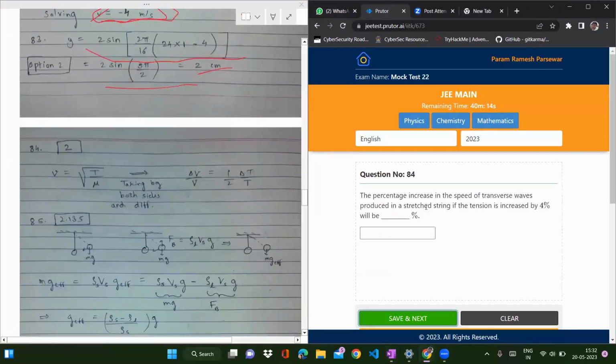In question 84, the percentage increase in the speed of the transverse waves produced in a stretched string, if the tension is increased by 4%, will be.